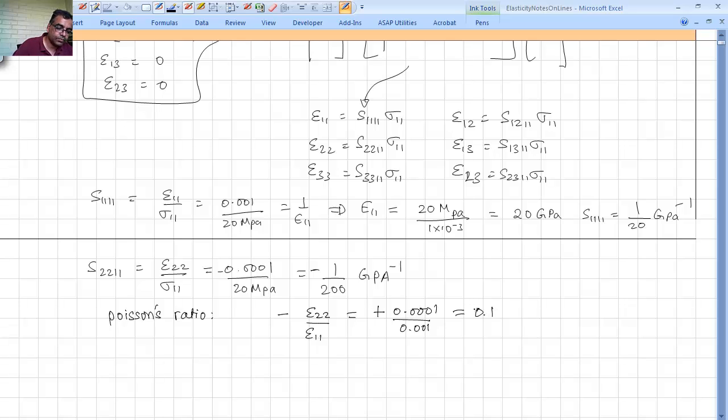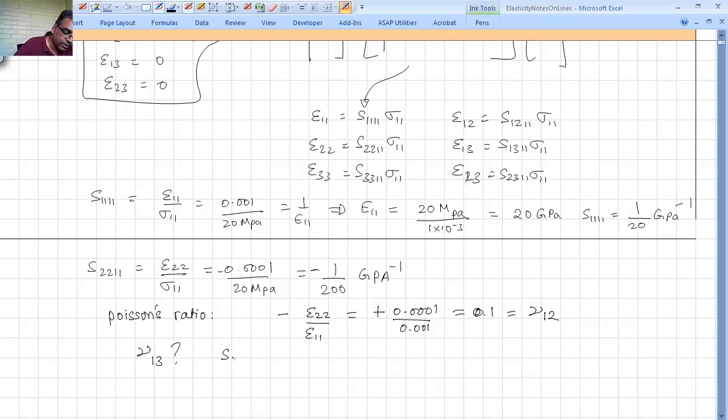It's the Poisson's ratio. This is called nu 12, right? So what do you think nu 13 will be?